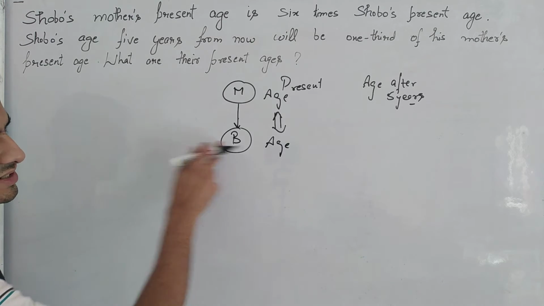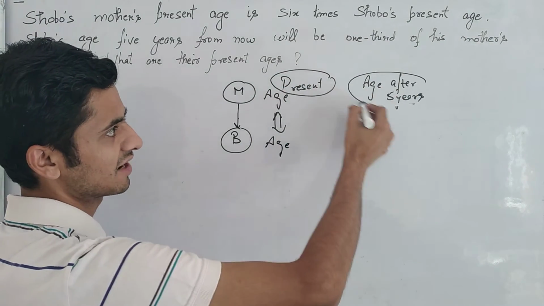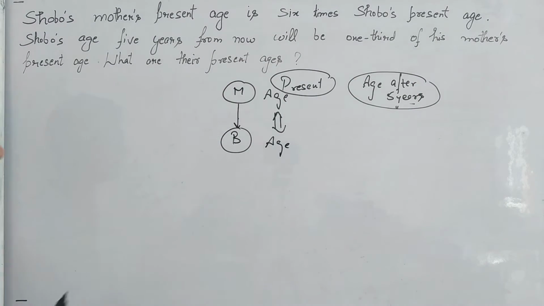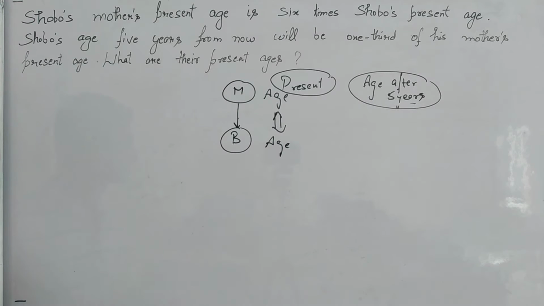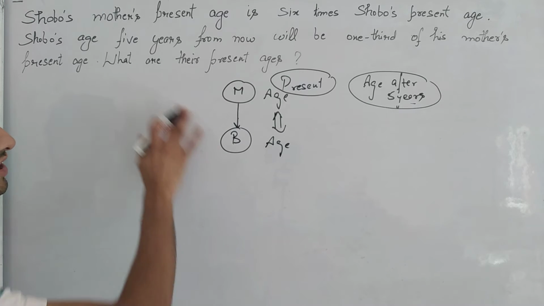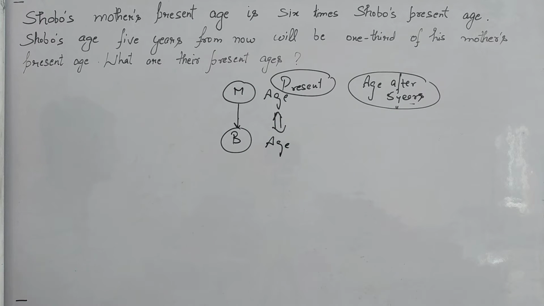Relation between their present ages is given, their age after 5 years is given. And now, based on these, they are asking what are their present ages. They have not given it straight away. Now, based on these relations, they are asking what are their present ages.